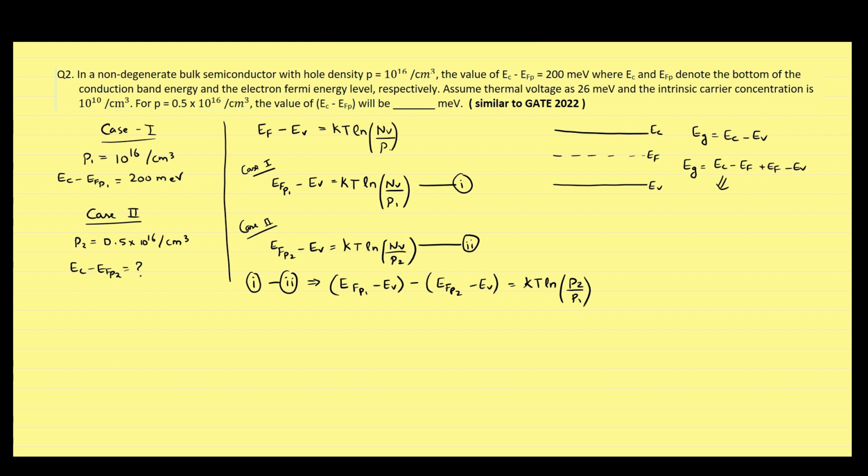From this particular equation, we can write EF minus EV is equal to EG minus EC minus EF. Now for the first case, we will be having EFP1 minus EV equal to band gap energy EG minus EC minus EFP1.